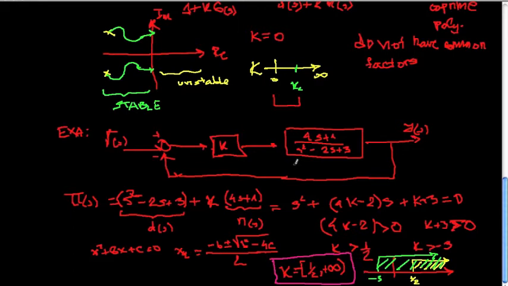Okay? One can observe, just as a remark, that if we place k equal 1 by half, then P of s will become s squared plus 3 plus 1 by half equals 0.